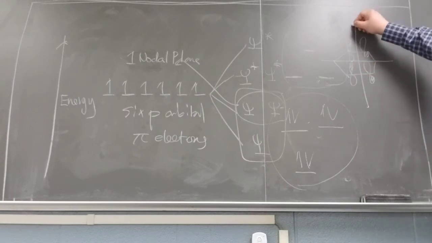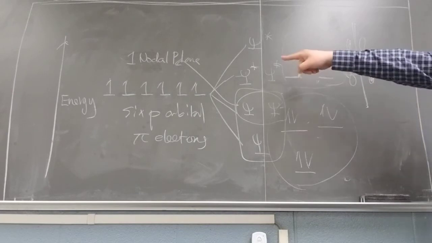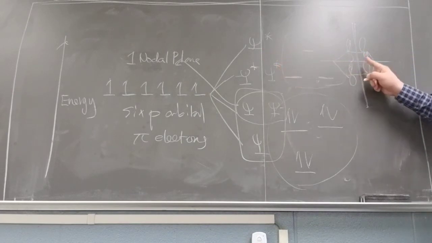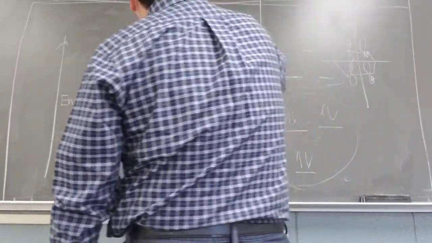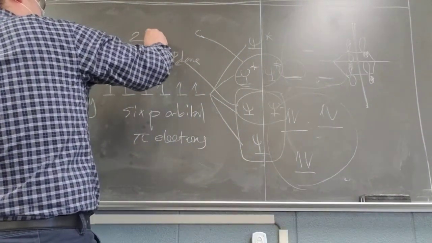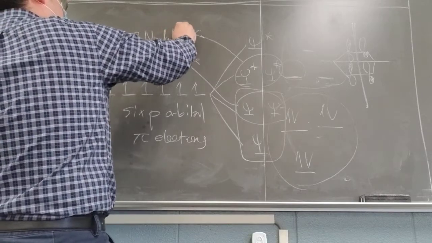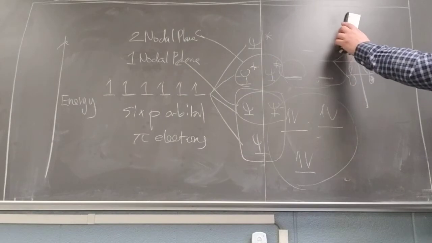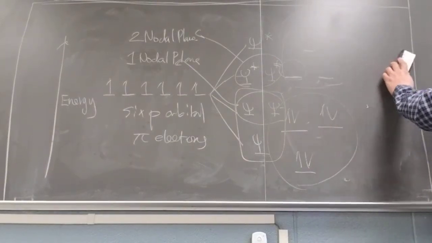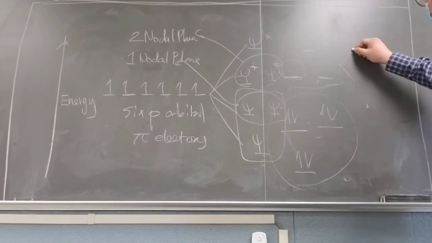So this is a nodal plane between, but also one crossing the 2 carbons in here. So in this case you have what? In these two, you have 2 nodal planes. Okay. And then the other one, like I said, there's another one here, right? Another one looks like this.